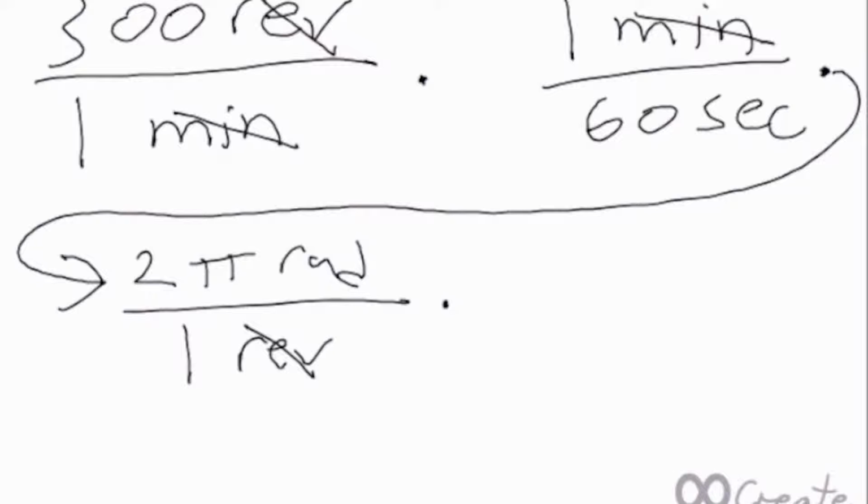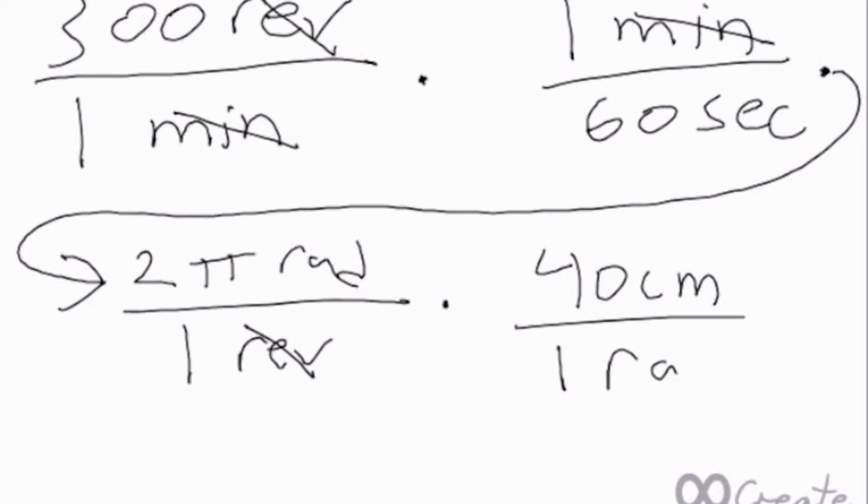And then afterwards you are left with your diameter, and you don't use the diameter in this problem. You're essentially converting to find the circumference of the circle by putting 40 centimeters, which is the radius of the wheel, over 1 radian.